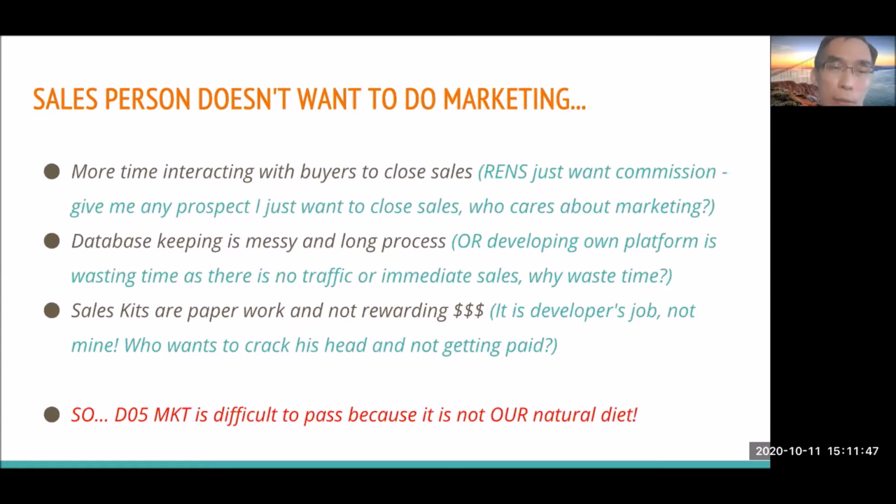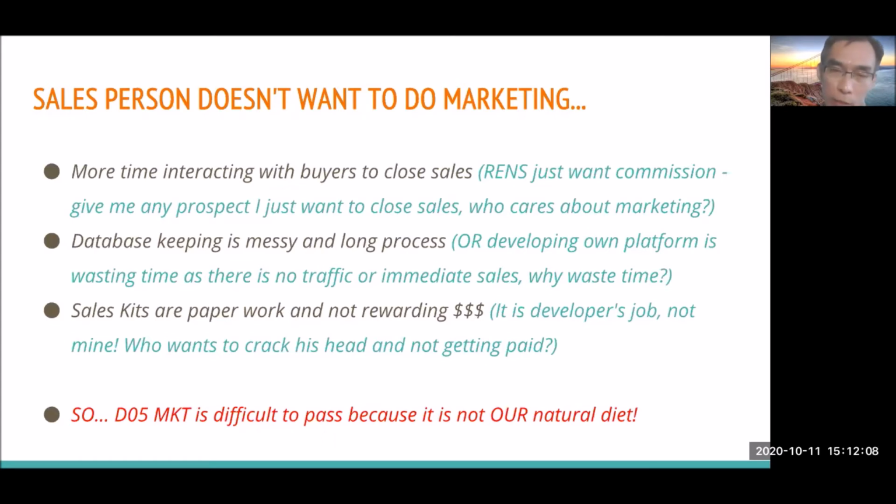The second reason is that database keeping and doing all these marketing things is actually a long process. Getting your data from the field, that means knowing what your customer wants, knowing what objections they have, and what competitors are around. These are all very long, messy processes.